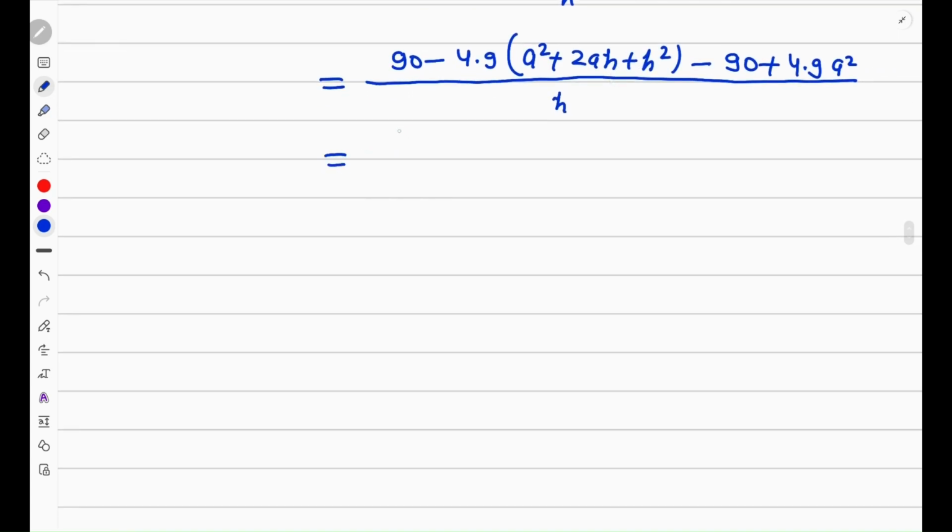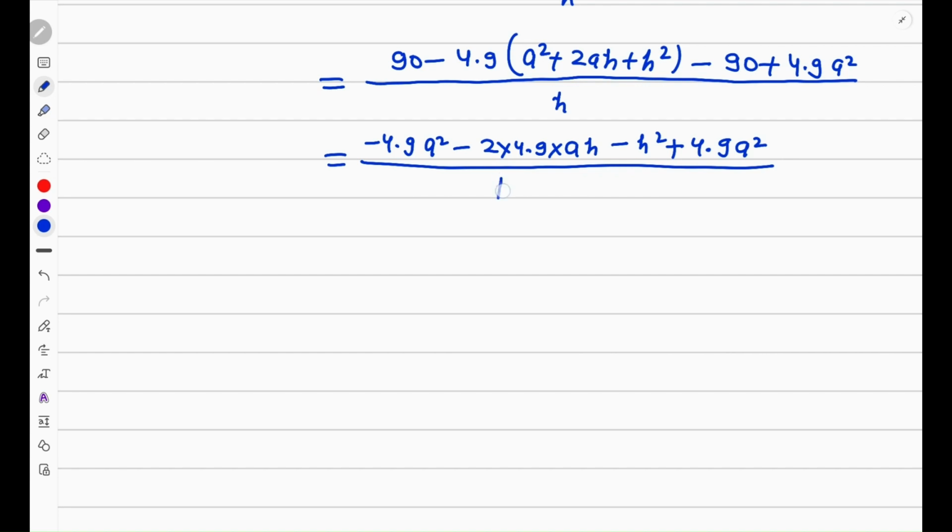If we further solve it, we get minus 4.9 a square minus 2 into 4.9 into ah minus 4.9 h square plus 4.9 a square over h, which gives us minus 9.8 ah minus 4.9 h square over h.